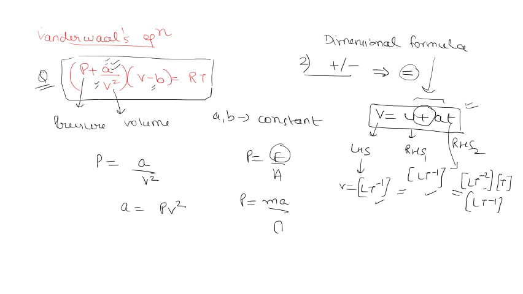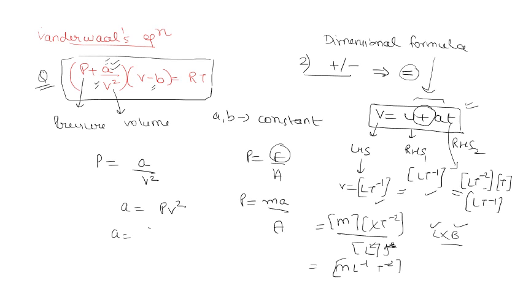Mass is M, acceleration is LT^-2, and area, if you talk about the area of a rectangle, is length into breadth, and this is also length, this is also length, so L squared, right? One L will cancel with one L, so if you take it in the numerator, it is ML^-1 T^-2, right?